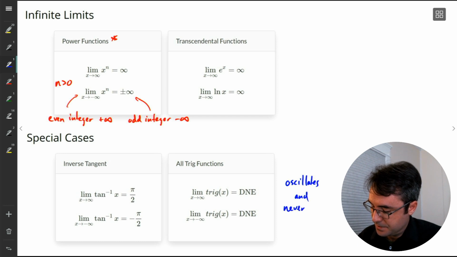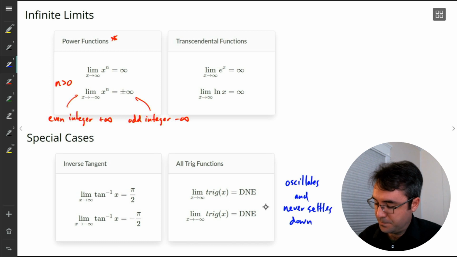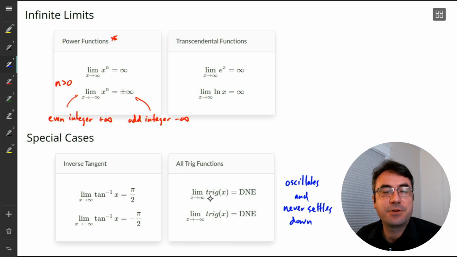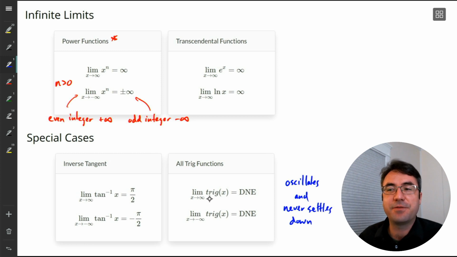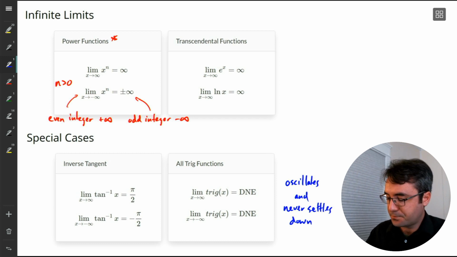So these are true. Just put in your favorite trig function. So the limit of sine of x does not exist as x approaches infinity. Limit of cosine of x does not exist as x approaches infinity. So just put in your favorite trig name right there. All right, so these are just some helpful ones that we're going to refer back to.